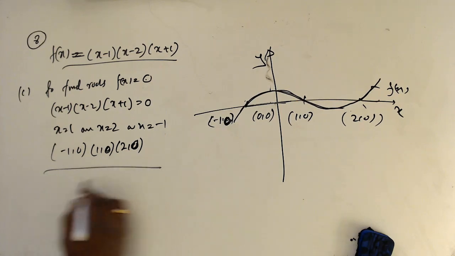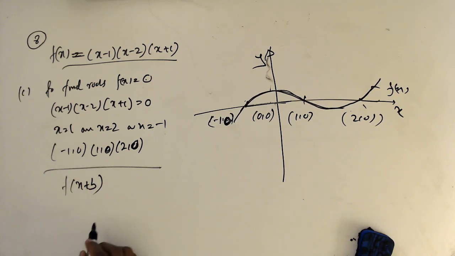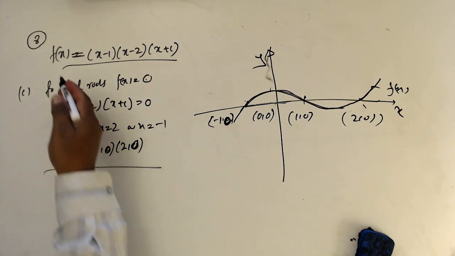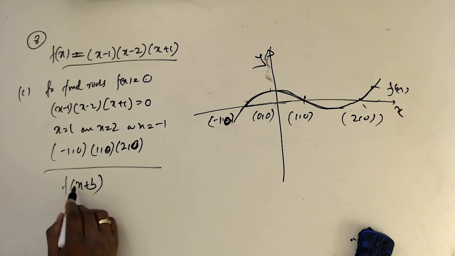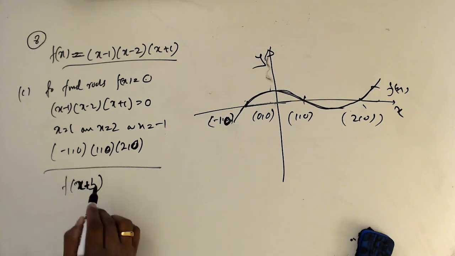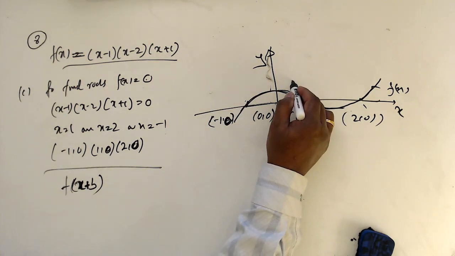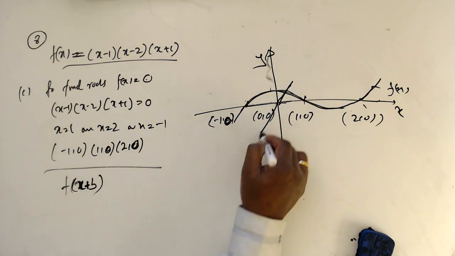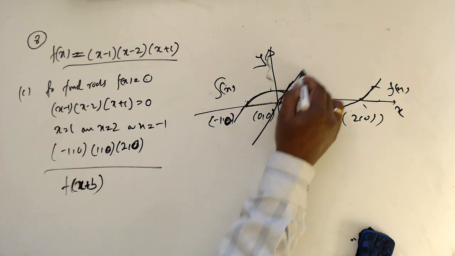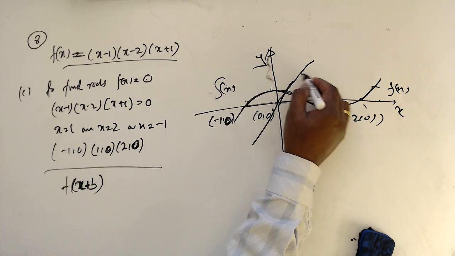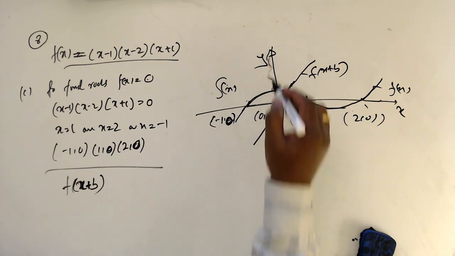Now the f(x) + b curve means a translation, so this curve is going through (0, 0) now. This is f(x). Then after translation, this f(x) + b is going through (0, 0).